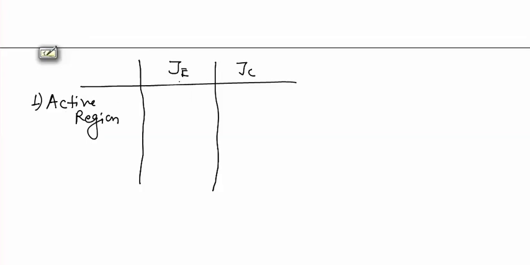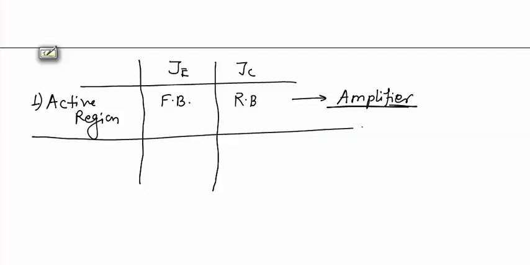When operated in active region, base emitter junction or emitter junction is forward biased, while collector junction is reverse biased. When BJT is operated in active region, it can be used as an amplifier. So when we want to use a transistor BJT as an amplifier, we will have to use it in active region.